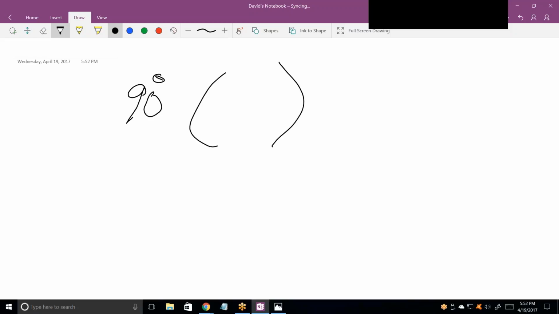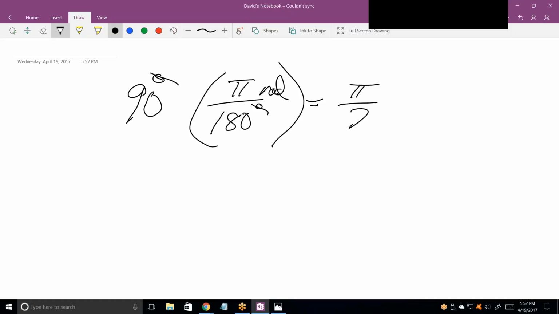It's either pi over 180 or 180 over pi. What is it? Pi over 180, because you've got to lose the degrees. The degrees go there, those are going to cancel, and you're going to be left with radians. And that's pi over 2 radians.